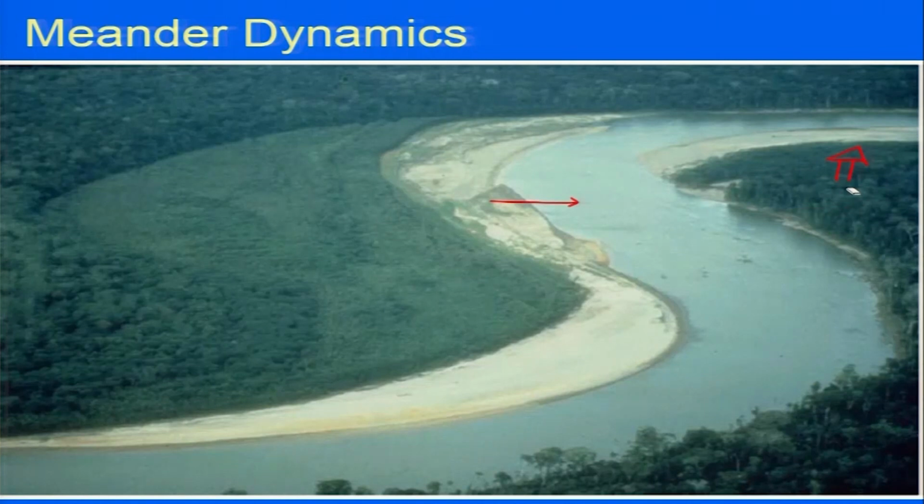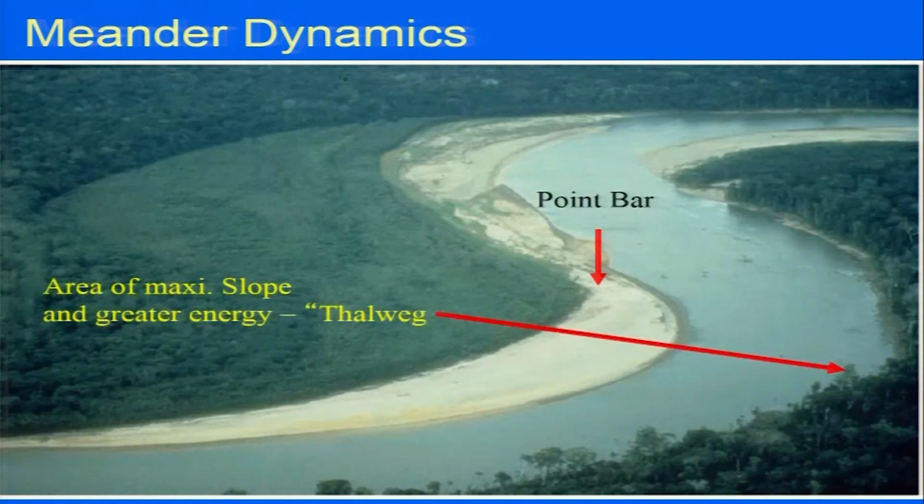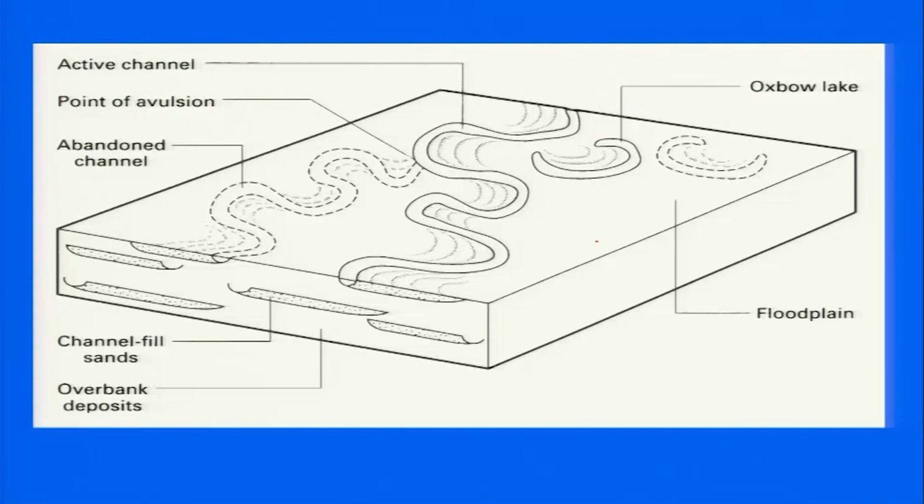So we have the maximum energy conditions over here, which is termed the thalweg, that is the area of maximum slope and higher energy, whereas this portion, which is the inner side, is termed the point bar.